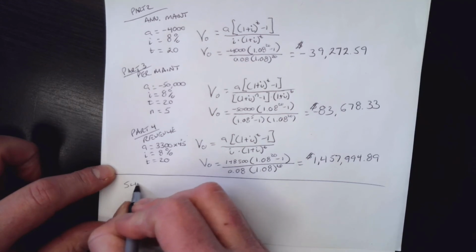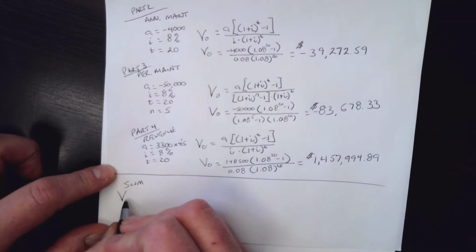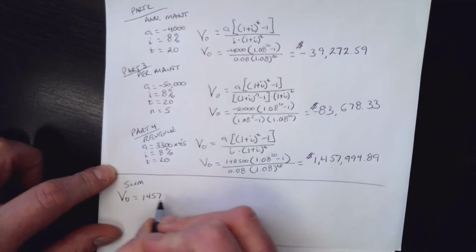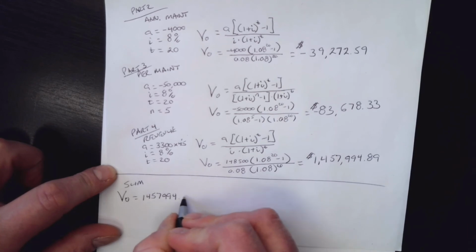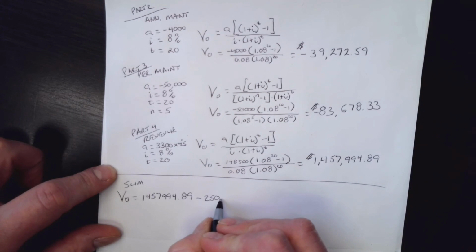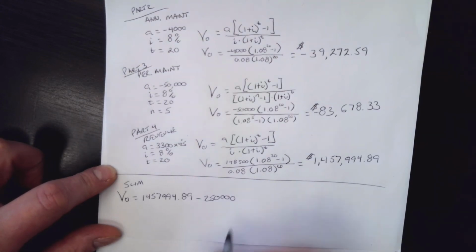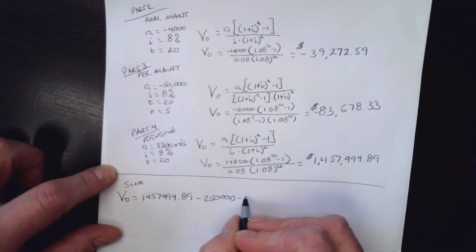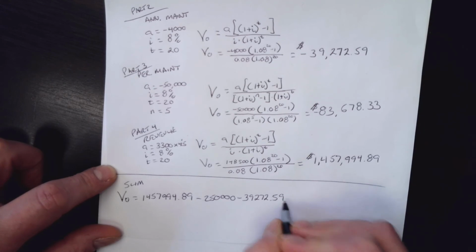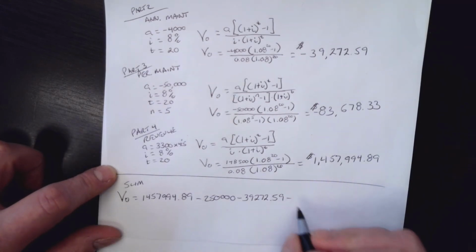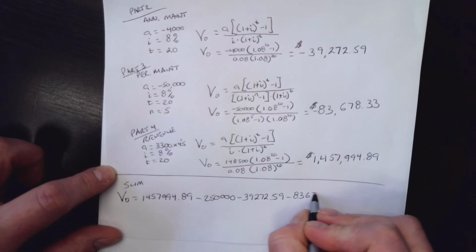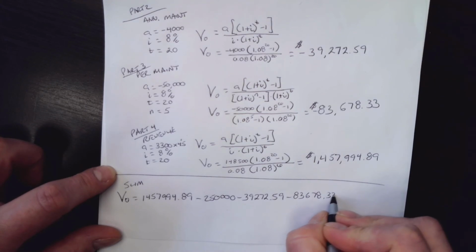So I can sum them up, and my V0 is going to equal, let's start with our revenue, 1,457,994.89, minus our initial cost of 250,000, minus our annual maintenance fees of 39,272.59, and minus again our bigger maintenance things we do every 5 years, 83,678.33.